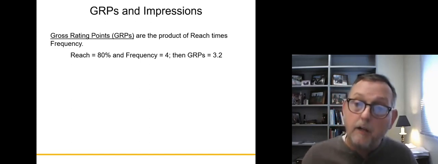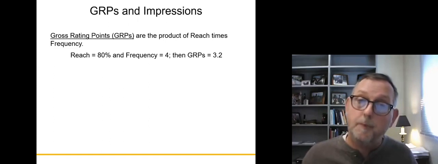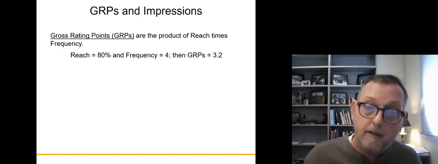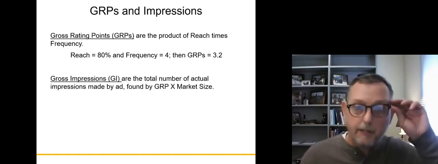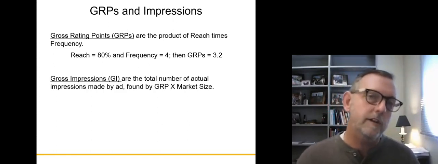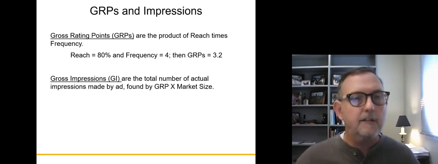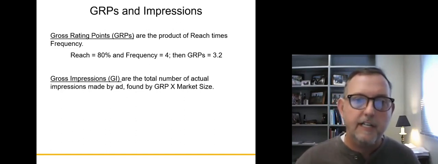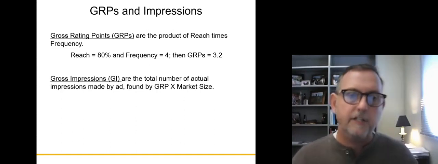So I can compare how many GRPs I'm getting based on how much I'm spending, right? It's a comparison thing. So I can understand how effective or efficient each of the mediums is compared to the others, based on impressions and our reach.